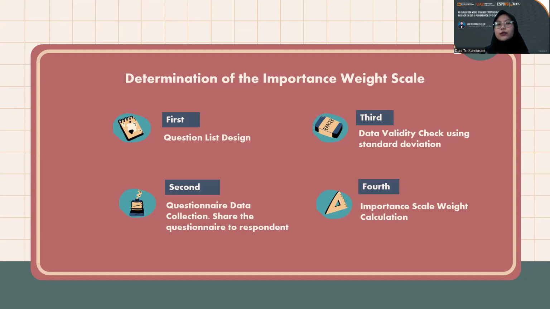Then after the questionnaire data is collected, we need to check the validity of the data or of the distribution, so we can know the validity using standard deviation. And the last step is calculation of the importance scale.